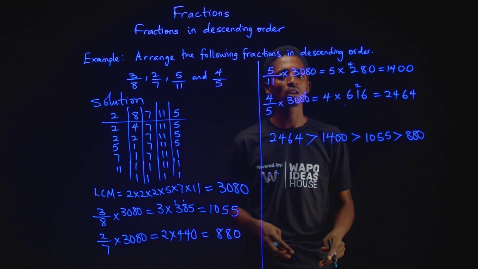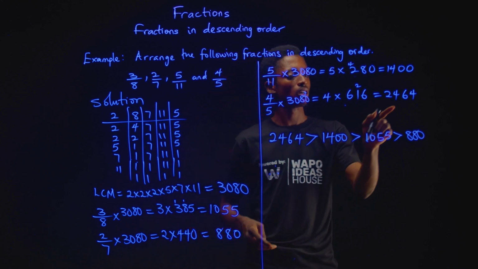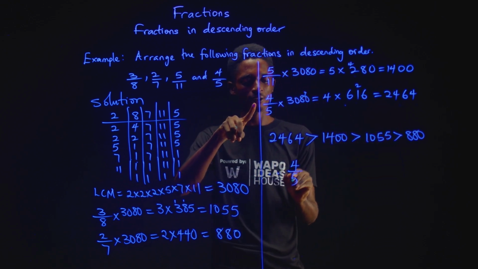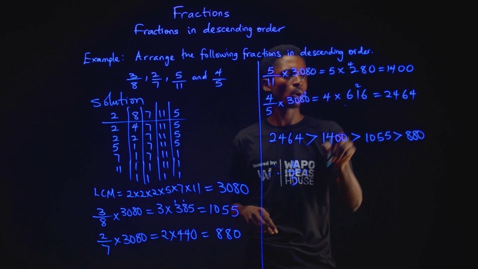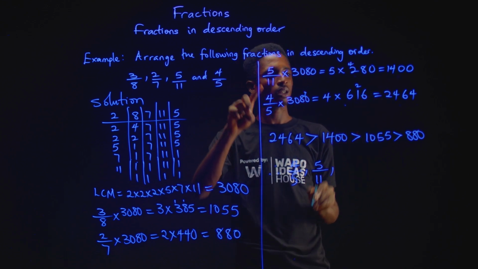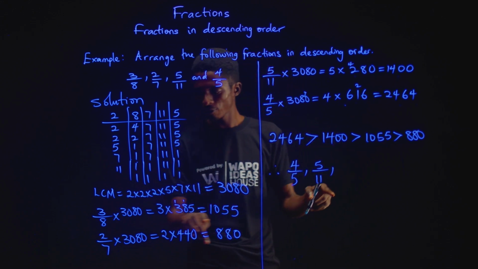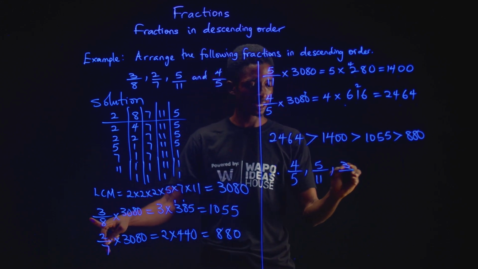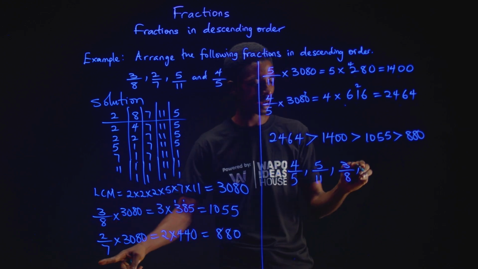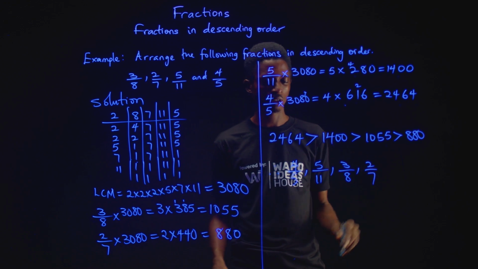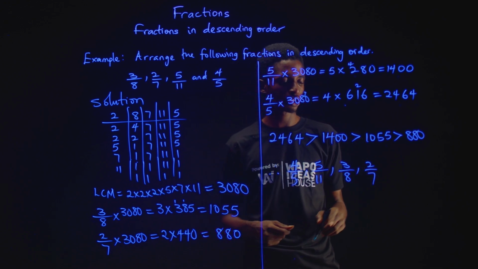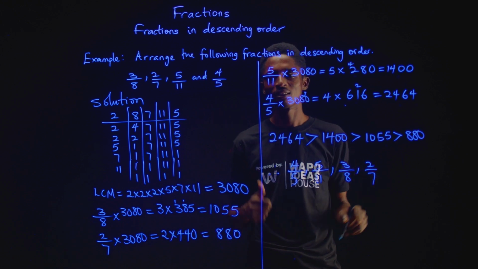Therefore, our fractions in descending order will be, for the 2,464 we have 4 over 5, followed by, for 1,400 we have 5 over 11. Now for 1,055 we have 3 over 8. And then finally for 880 we have 2 over 7. So the biggest fraction here is 4 over 5 and the smallest fraction is 2 over 7. Thank you.